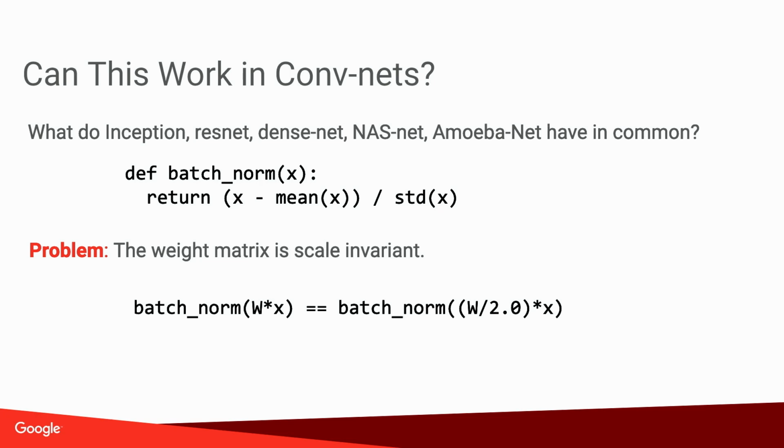So basically, if you take the weight matrix and divide it by 2, or divide all the weights associated with one filter by 2 or 7 or 79, you get the exact same output, not approximately, the exact same output. So basically, you cannot regularize a weight matrix using group LASSO in the presence of batch norm, because it will eventually lead to numerical instability and collapse of your network.